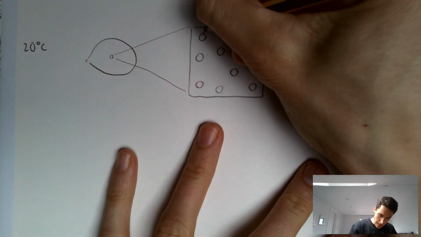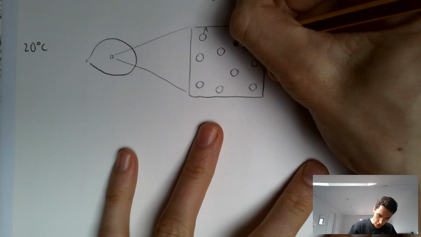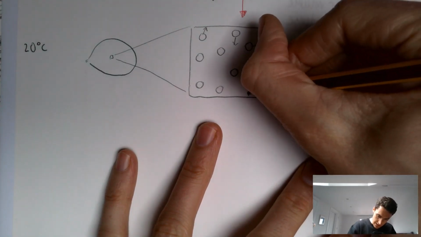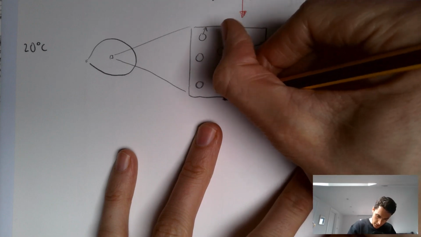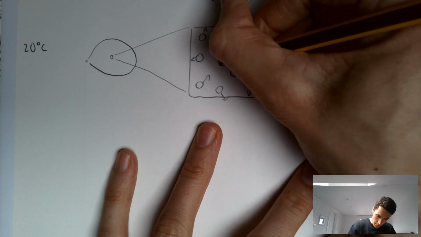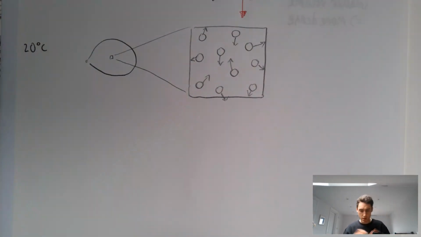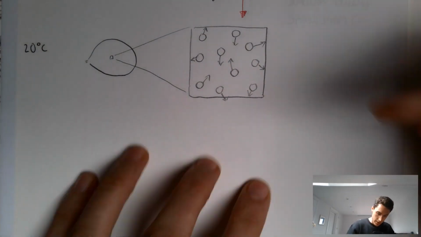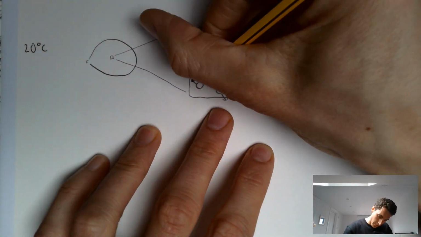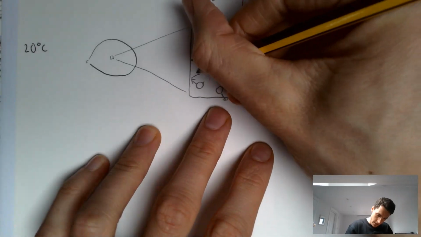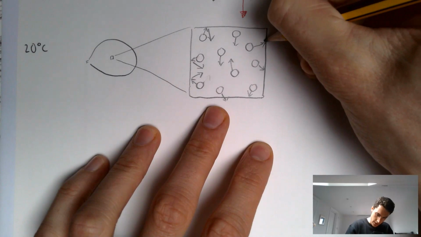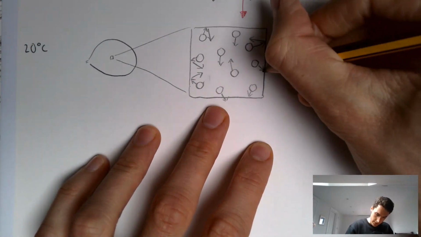So I'm going to draw some little arrows like this in different directions. Again, I'm going to try and scatter the movement of these particles so that there's an even number roughly bouncing off each wall. Maybe let's move that one over there to this wall. And then I'm going to show, well, okay, in this case, I've just got 2 particles every second or something bouncing off the walls.